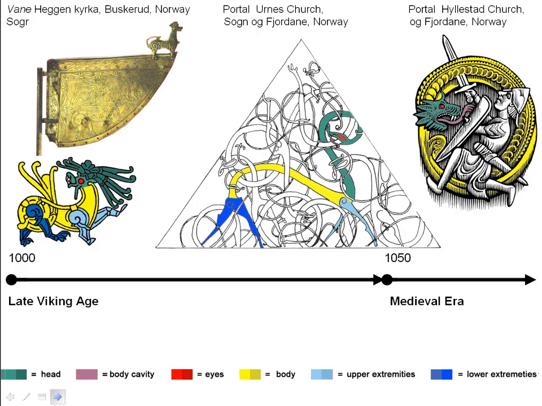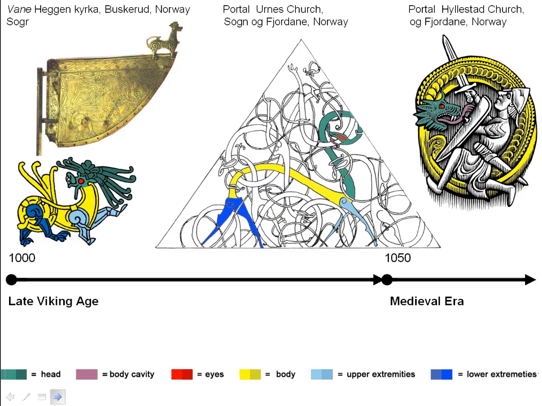We believe that this style of elongated and retro-looking beasts was produced until about 1200, when it then gradually merged with the Central European Romanesque tradition of art, as you can see at your right hand.